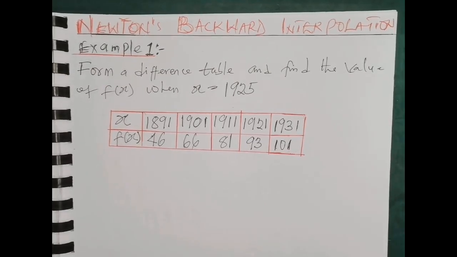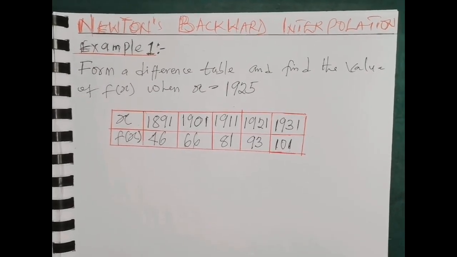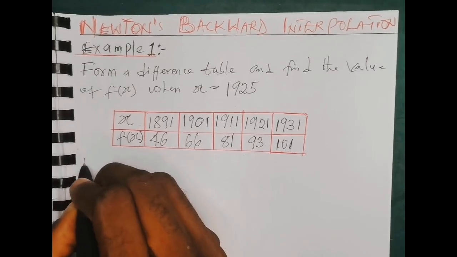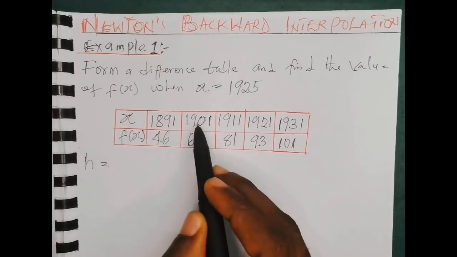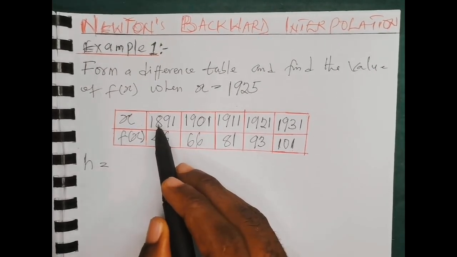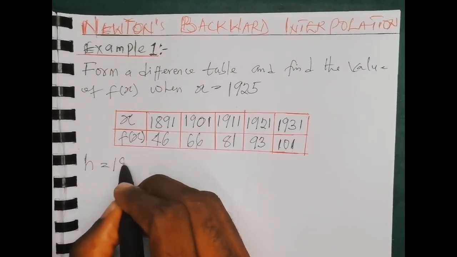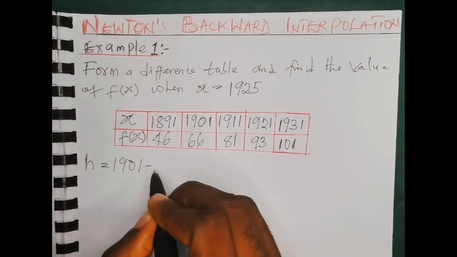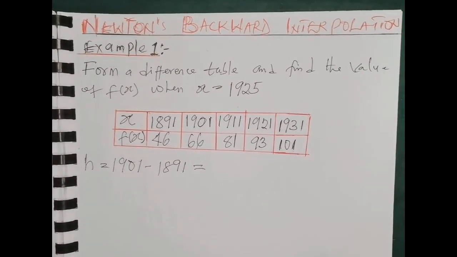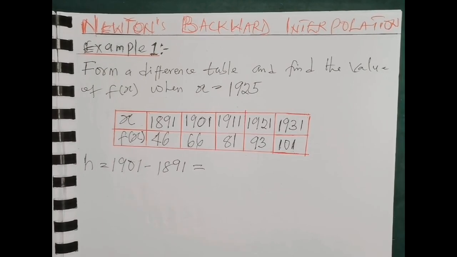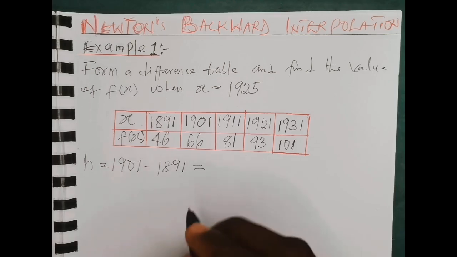So let's find the interval now. Our interval is simply h. So h is equal to, now you can pick any of them, always forward minus the number behind. So you can simply choose 1901 minus 1891. Let's see what this value is going to give us. 1901 minus 1891 simply gives us 10.